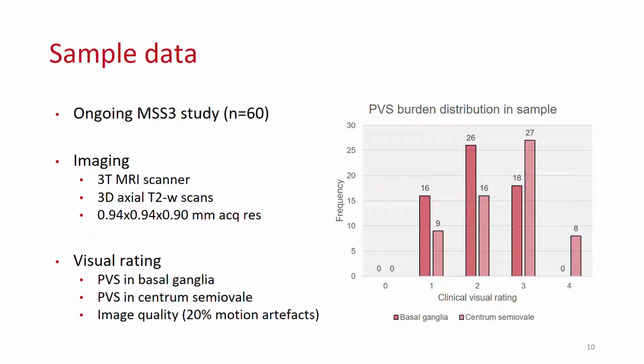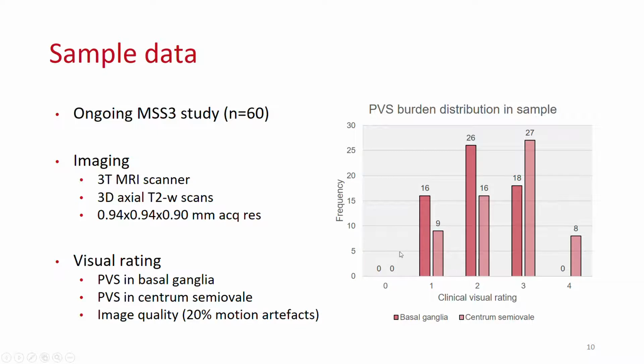We tested our proposal on data from an ongoing study called MSS3. In this particular case, we had access to 60 patients. Imaging was carried out on a 3 Tesla scanner using a T2-weighted sequence, and voxel resolution was more or less isotropic. All scans were visually rated using the Potter scale, which examines PVS burden in basal ganglia and central semiovale and classifies them in a range between 0 and 4, being 0 the minimum and 4 the maximum PVS burden.